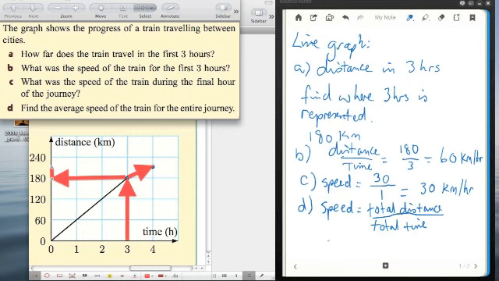Now that's going to equal 210 kilometers divided by 4 hours, which is going to give us 52.5 kilometers per hour. And that is how you read information from a line graph.